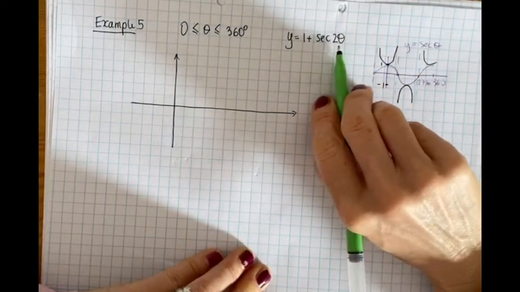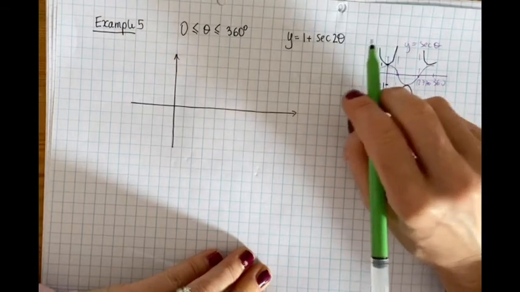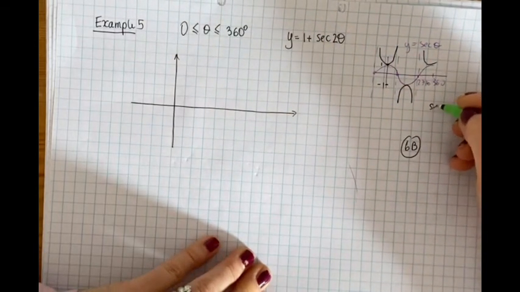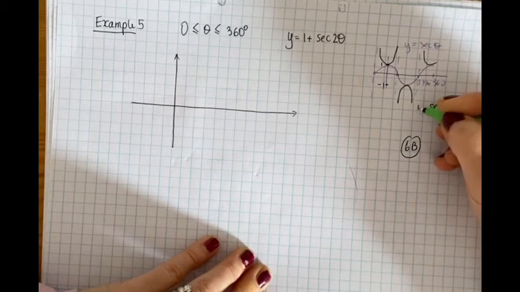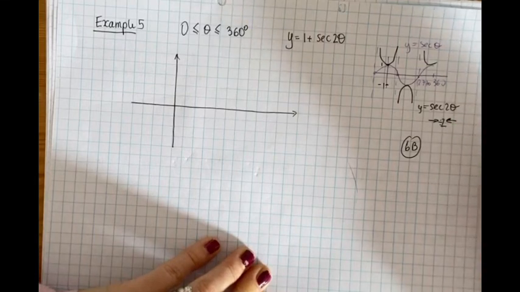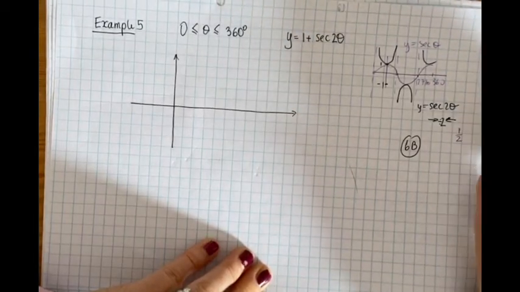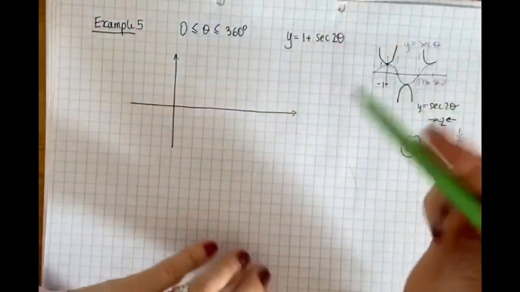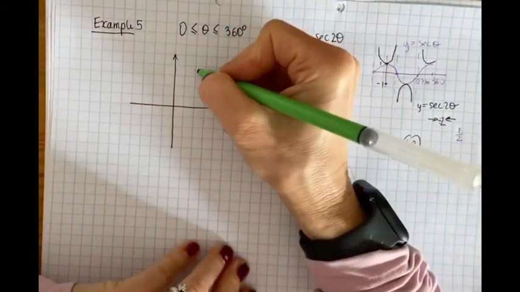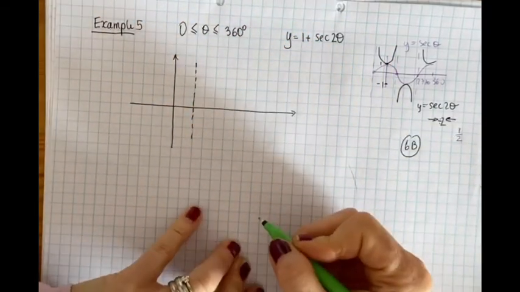Now, if it's 2 theta, what this represents is a squash. So we're halving everything, so squashing it by 2, or the scale factor of one half, if you like. So we're going to halve all of this graph, squash it, so you get twice as many asymptotes and twice as much graph. So you need to draw it twice.